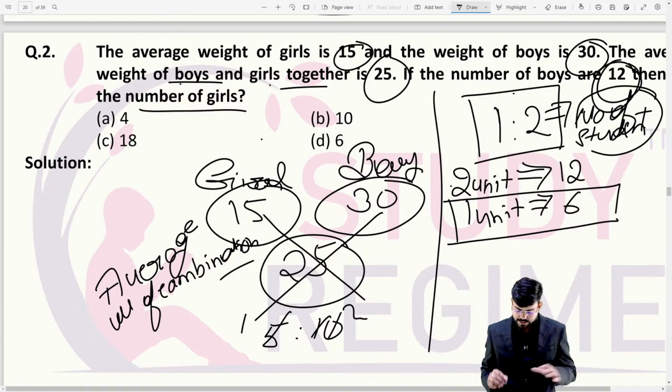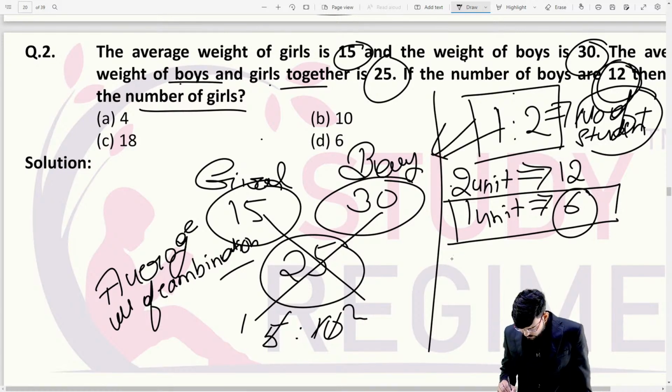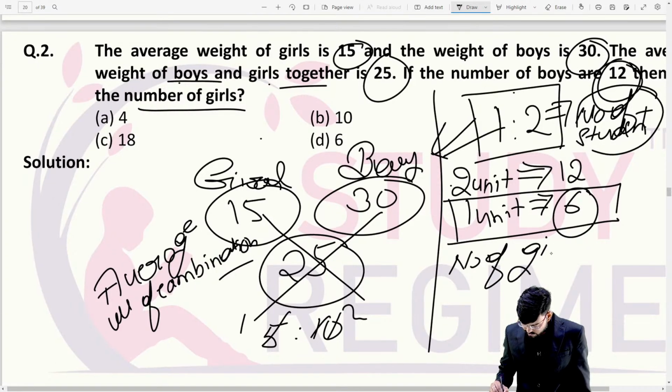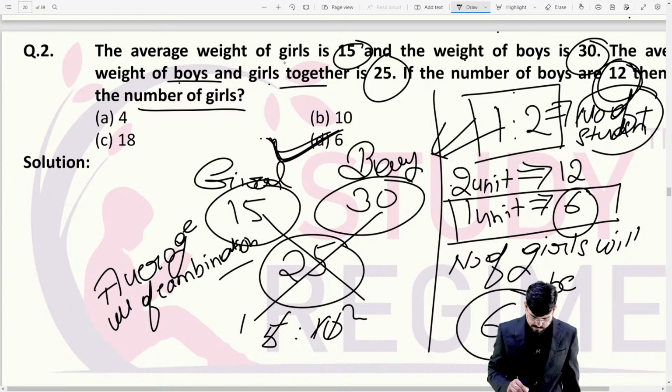So I am comparing 2 with 12, so I got 1 unit as 6. What is this 1 unit? These are the number of girls. So the number of girls will be 1 unit, that means 6. Clear? So your option will become D.